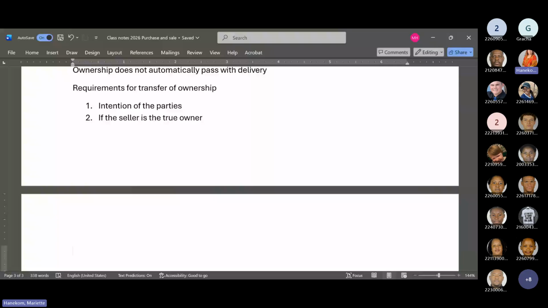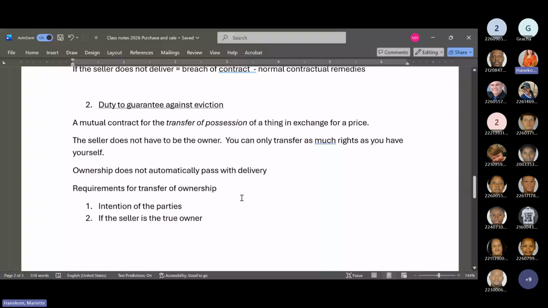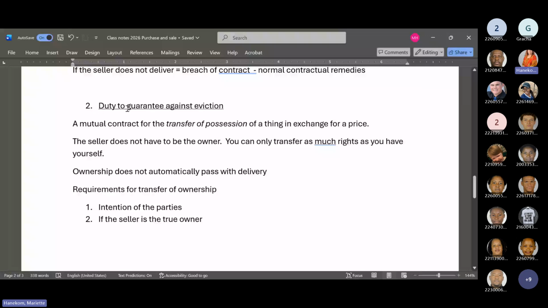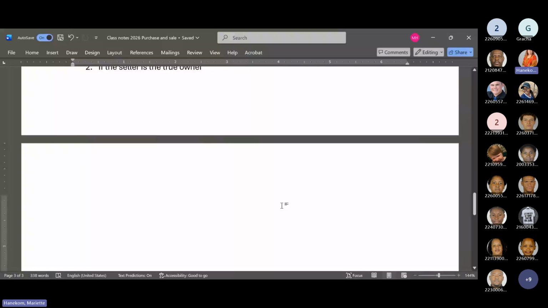In the instances where the seller is not the true owner, the purchaser is protected by the seller's duty to guarantee against eviction. It's referred to in the study guide as the tacit guarantee against eviction.